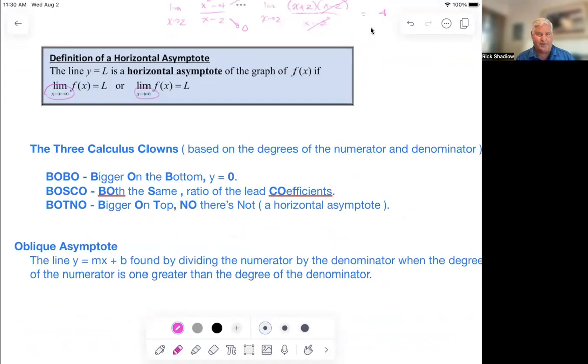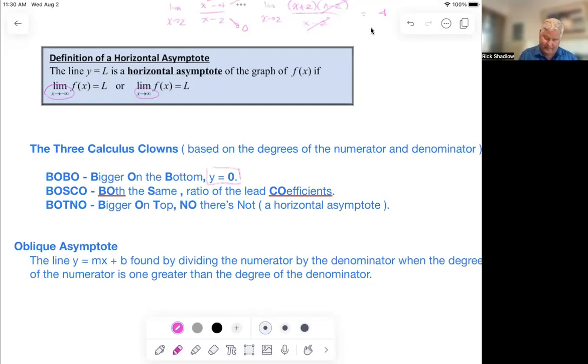This is based upon the degree of the numerator and the degree of the denominator. If the degree of the denominator is bigger than the degree of the numerator, bigger on the bottom, then your horizontal asymptote is y equals 0.